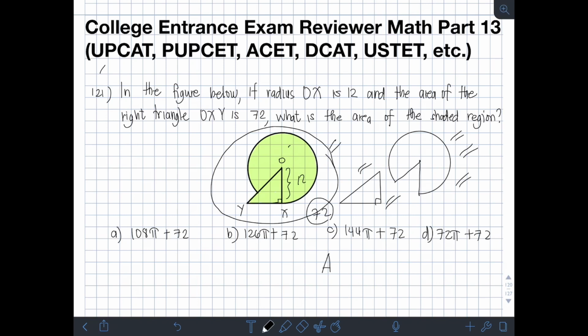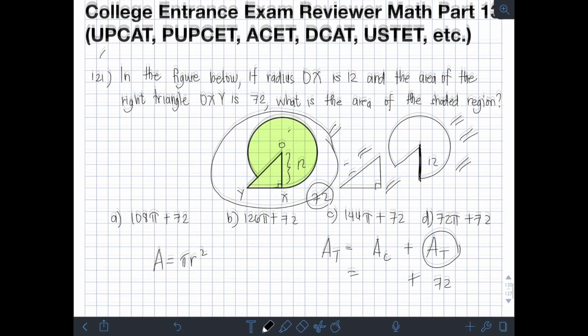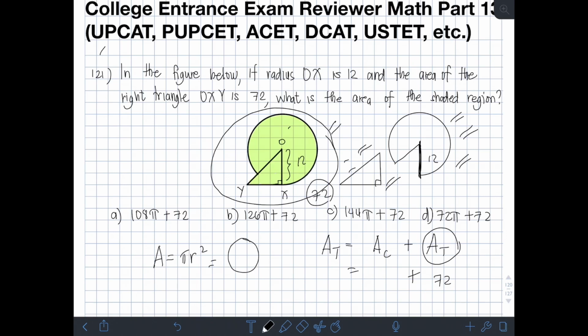So, total area is equal to area nitong circle plus area nitong triangle. So, meron na tayong area nitong triangle, right? 72. Then, ito na lang area nung circle. So, alam natin na yung area nung circle is what? Pi r squared, right? So, meron tayong radius na given, 12. So, itong area na to is para sa kabuang circle. Kaso yung circle natin is may hati, right? Hindi siya buo.